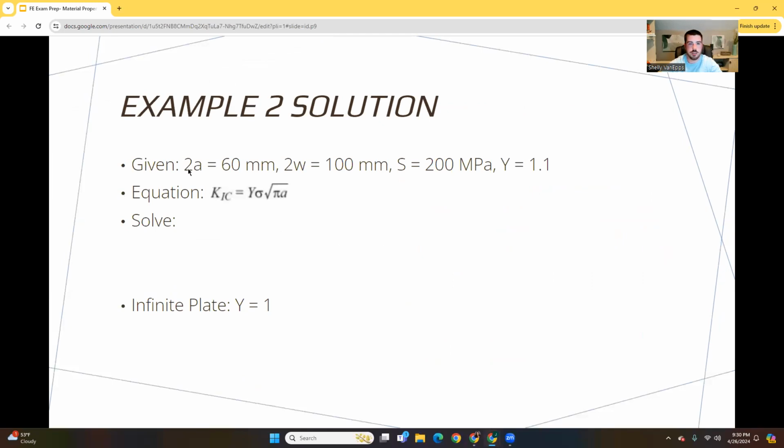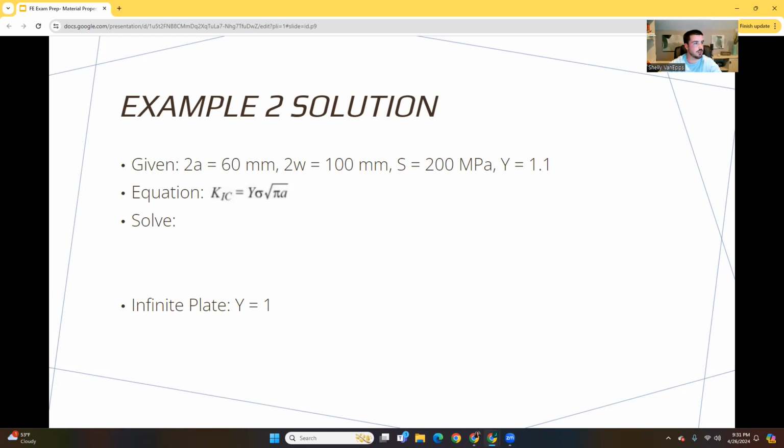All right, so our givens: 2a equals 60 millimeters, 2 times our width equals 100 millimeters, stress 200 megapascals, and our Y 1.1. So right now I have the equation given as K1C, which is your fracture toughness, equals Y times sigma times the square root of pi a.